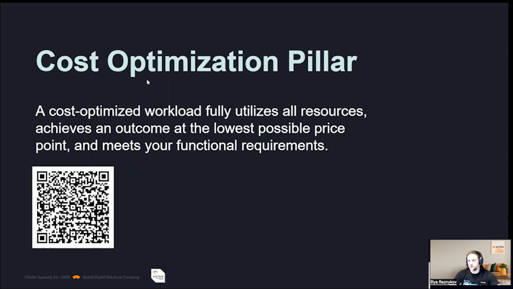This QR code leads to the documentation, and in our other seminar about cost optimization and cost management, we spoke about some best practices and principles for how we may manage our cost, and as soon as we are able to manage it and have visibility of cost, we may optimize it.